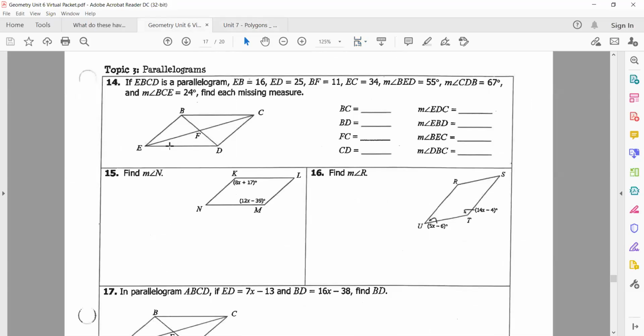So if BED is 55 degrees, then BCD is also 55 degrees. CDB, that one's 67. BCE is 24.